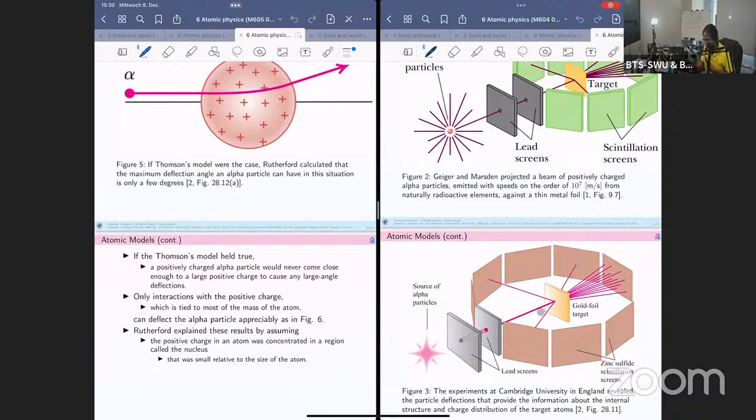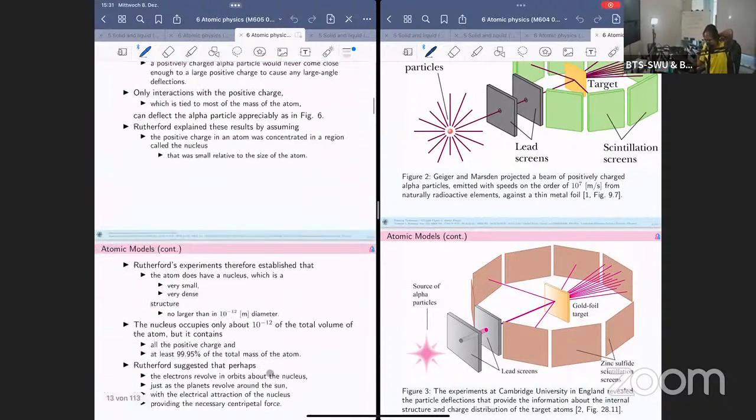It can even have reflection. So that portion should be heavy, should have so much mass in the whole atom. The positive charge in an atom was concentrated in a region called the nucleus, and the nucleus should be small relative to the size of the atom.